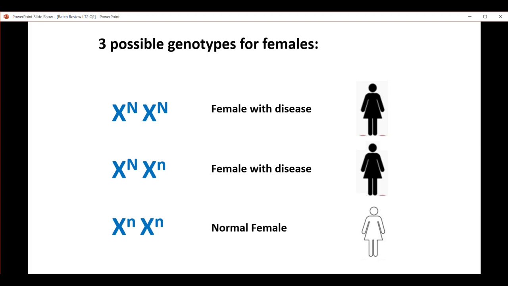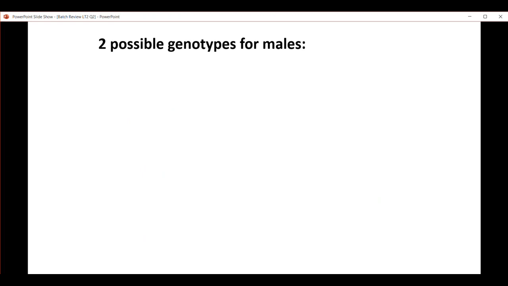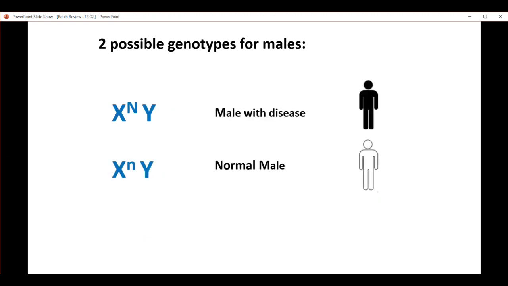X big N X small n, the heterozygote, will still be a female with disease because you only need one dominant allele to produce the disease, and then you have there the X small n X small n, which will be a normal female. How about the males? Well, you have this, so the X big N Y will be a male with disease, while the X small n Y will be a normal male.